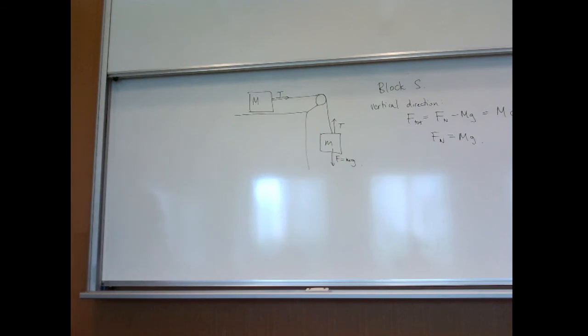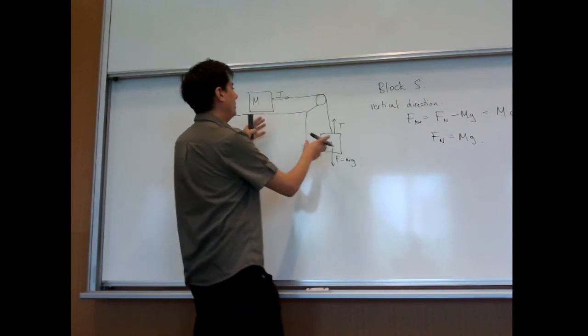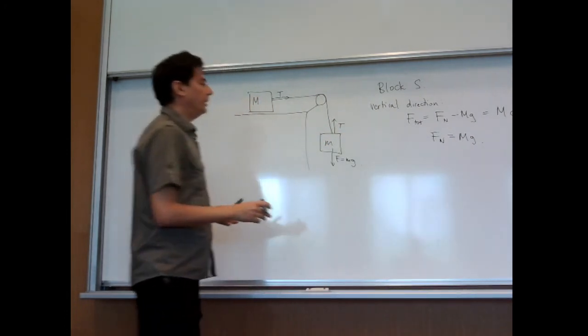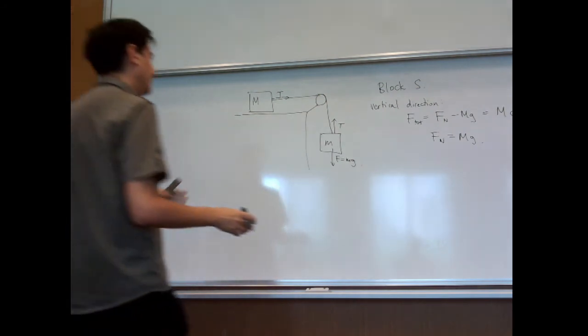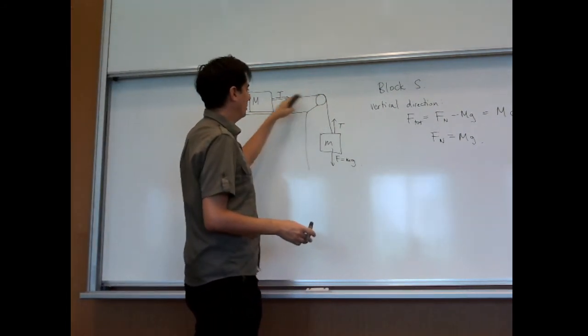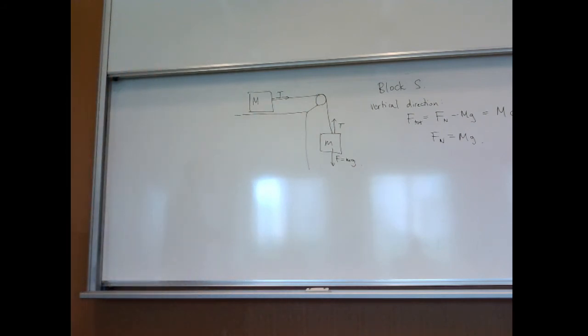Which is in that direction. And then the role of this whole pulley is just simply to change the direction of the tension force due to the rope. So it doesn't really do anything more than that.